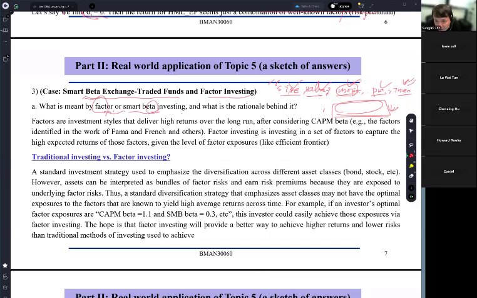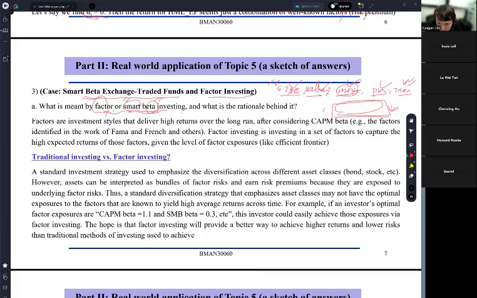Initially it's alpha, but now it's called beta because it is a systematic risk. So when we invest directly into this factor, we can call that smart beta investing. This is a marketing term actually. We put smart to signify it's good, it's beneficial to invest into the factor or beta itself.